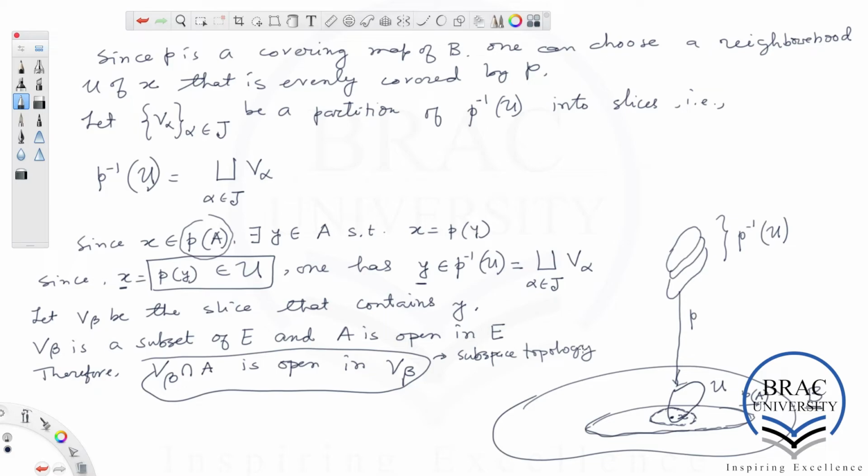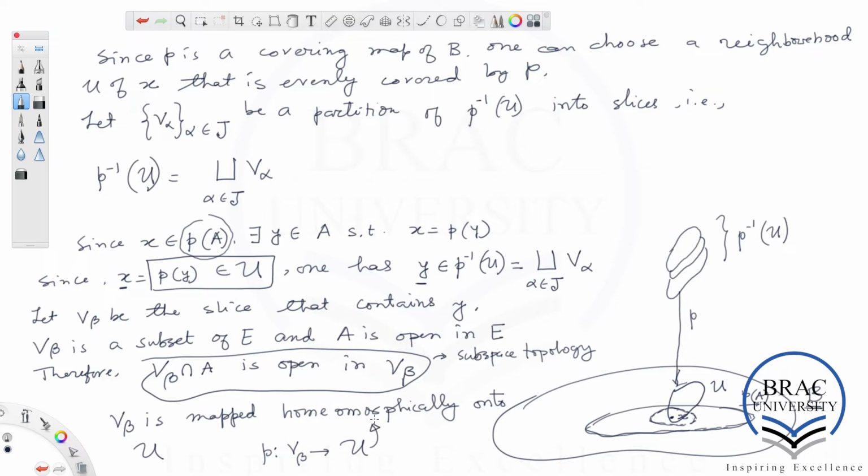Okay. Now, since by the definition of covering map, V beta is mapped homeomorphically onto U. So P maps V beta to U homeomorphically.